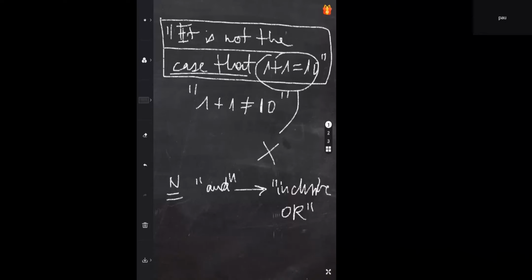For instance, if x is an integer, what is the negation of x is even and non-negative? Let's say a, because for some reason I don't like the letter x. Let's say a is an integer, and I tell you a is even and non-negative.